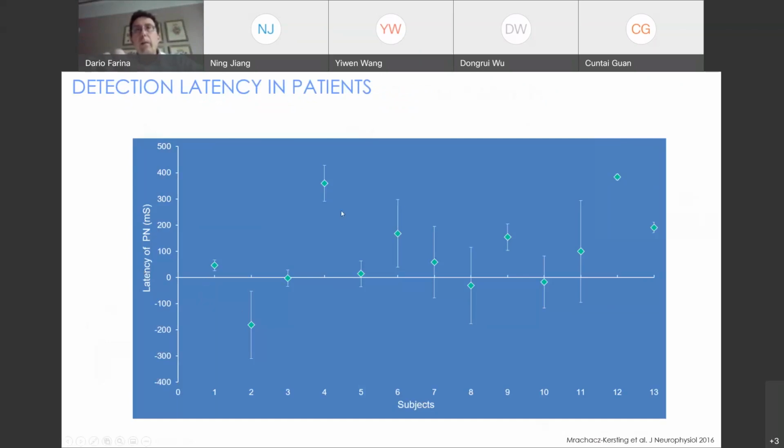And you can see we have quite a large variability, but still we can detect with a brain switch, with an interface, with a latency which is consistent with the critical timing that we were looking for according to the physiological investigations.